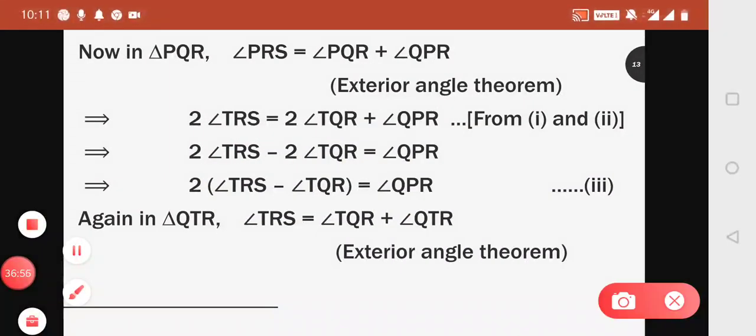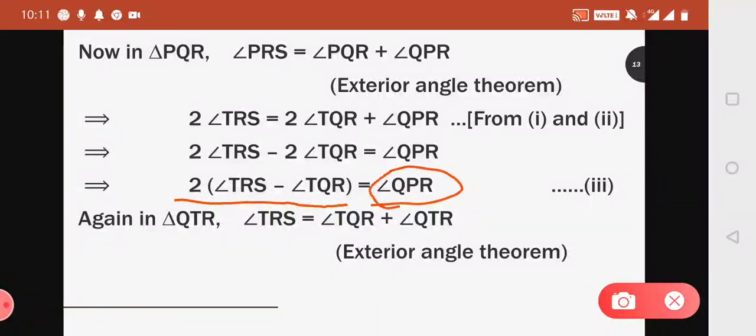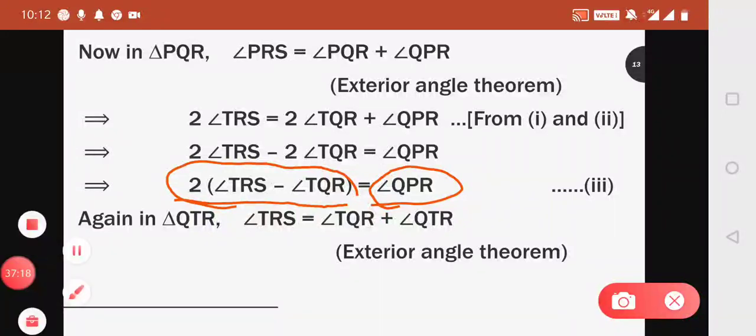You can see that according to equation 3, twice angle TRS minus angle TQR is equal to angle QPR. So we will use this equation and mention the value of twice angle TRS minus angle TQR as angle QPR.